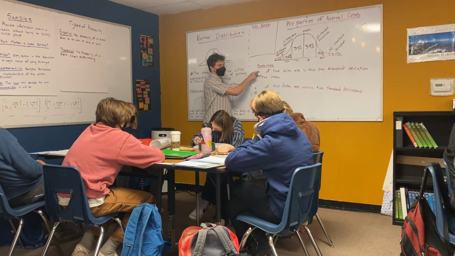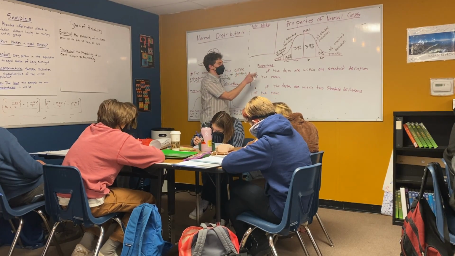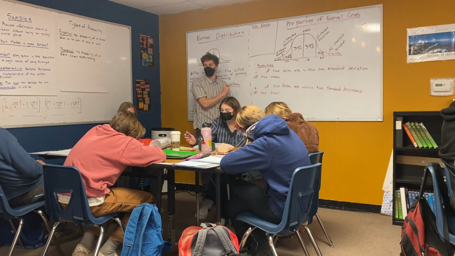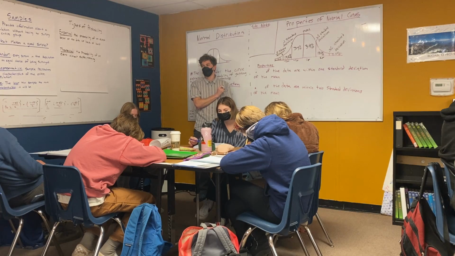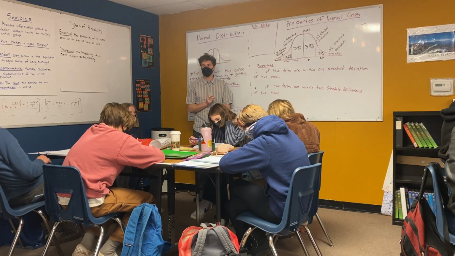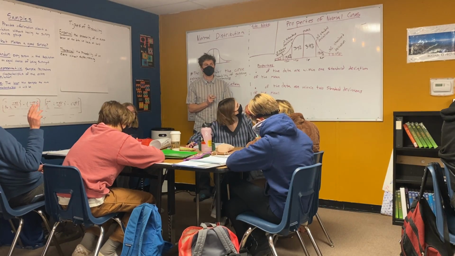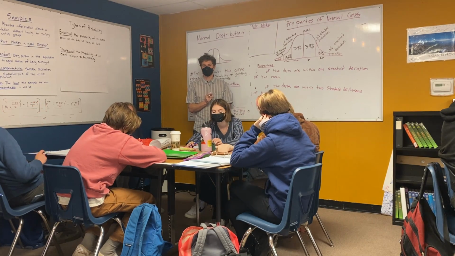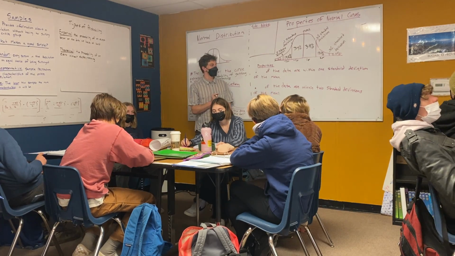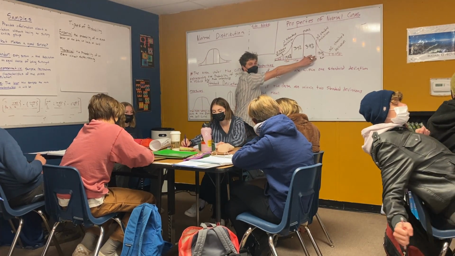So, properties of the bell curve. Right now I have blank of the data are within 1 standard deviation of the mean. What do I mean by that? 1 standard deviation of the mean. Like 34%. This is 1 standard deviation of the mean.